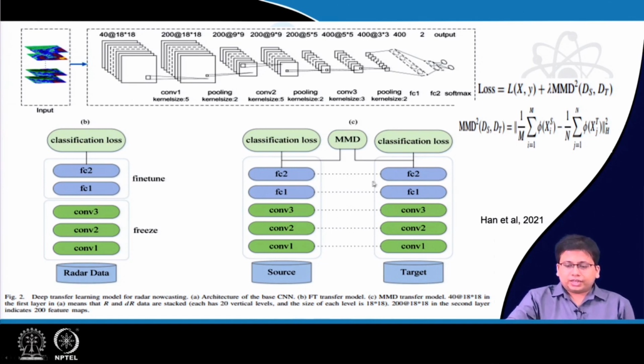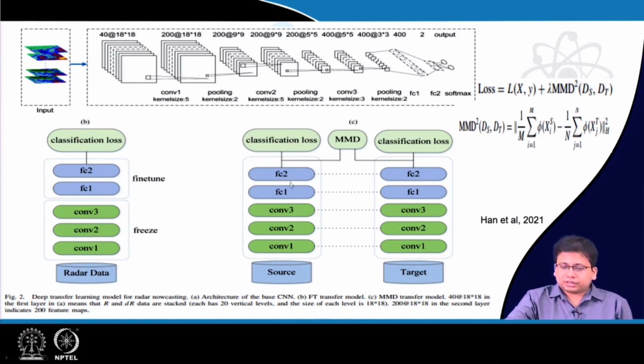Only in the last two layers there might be some reorientation of the weights, and that will be done according to this loss function. What this loss function does is map the source radar images to the target radar images based on their feature representation.